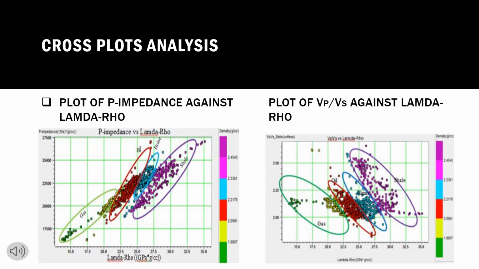So here in this first example, VP/VS against Lambda-Rho shows the variation of VP/VS against Lambda-Rho for sands and sand-shale sequences. The plots are better aligned towards the Lambda-Rho axis, thus validating Lambda-Rho as a better fluid discrimination tool.